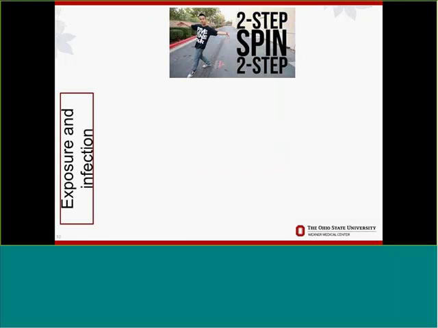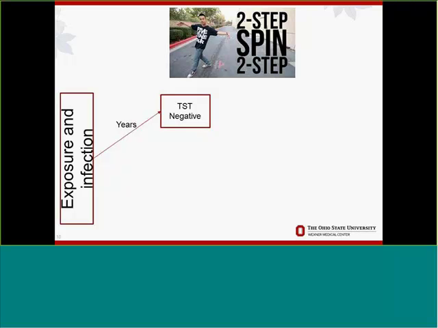I want to take a moment to just review the two-step PPD, just to remind people why we do this test and how it's useful for us. So assuming that there's an exposure and infection, again, infection could be latent or active, at some point in the past, years go by, and all of a sudden now we're going to do testing for it.